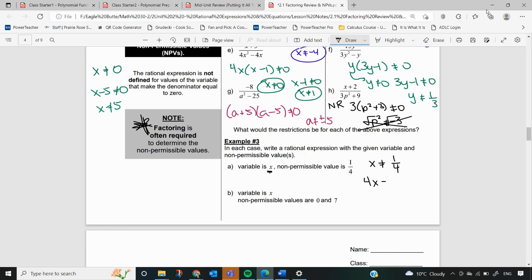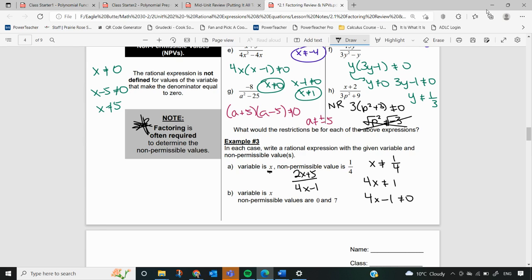So we get 4x can't equal 1. Subtracting 1 from both sides, we have 4x minus 1 cannot equal 0. That is our denominator. Our denominator would be 4x minus 1, if that's our NPV. What you put on top doesn't matter. 2x plus 5, x squared, 4, it doesn't matter. You could have a ton of different answers.